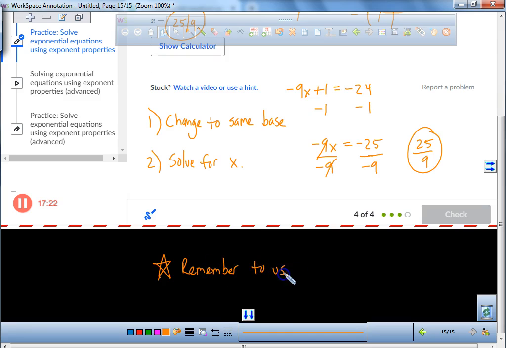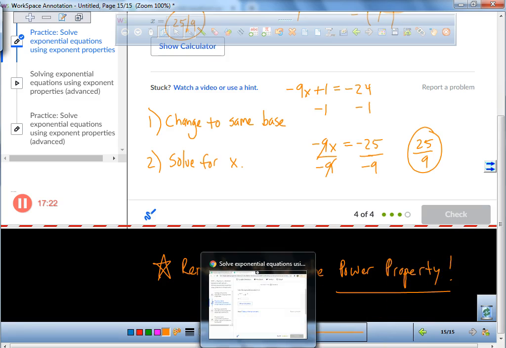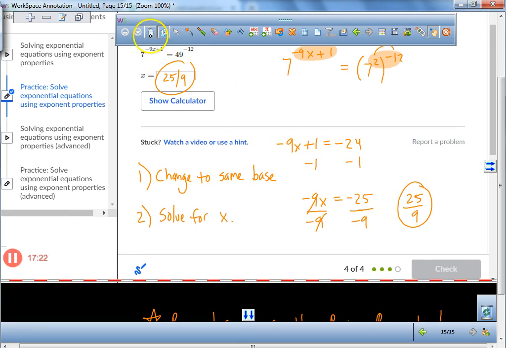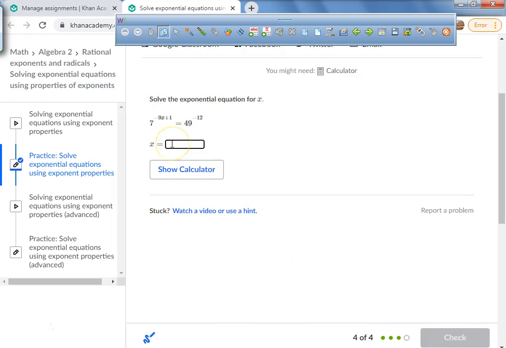Remember to use the power property, which is power to a power. And that's when you take the exponents and you multiply them together. All right? So I'll go ahead and type in 25 over 9, and that'll be the end of the video.